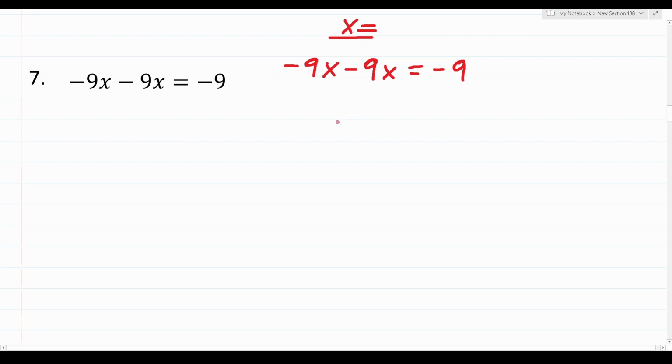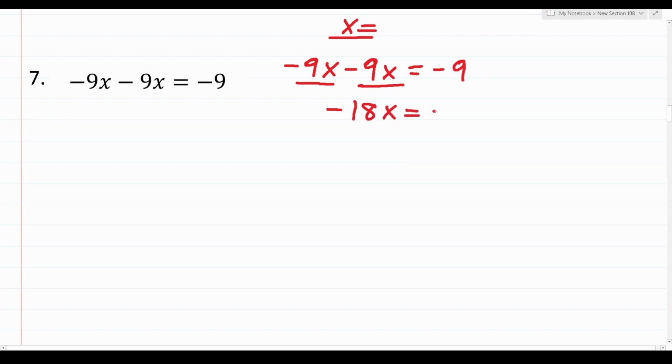In this case, the challenging aspect of this problem is the fact that we have a pair of like terms. Negative 9x and negative 9x are like terms. And if you watch my video on like terms, you'd know that you can combine these two into a single term. Negative 9x minus 9x is negative 18x.